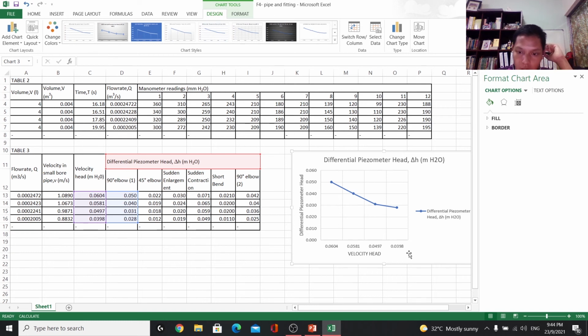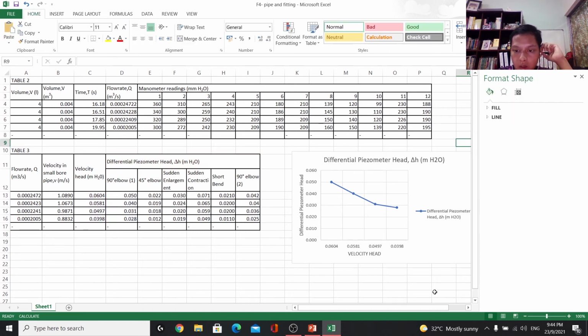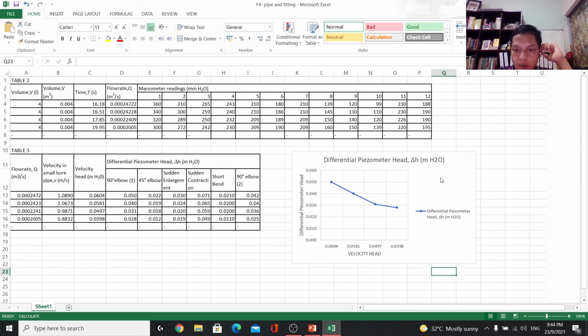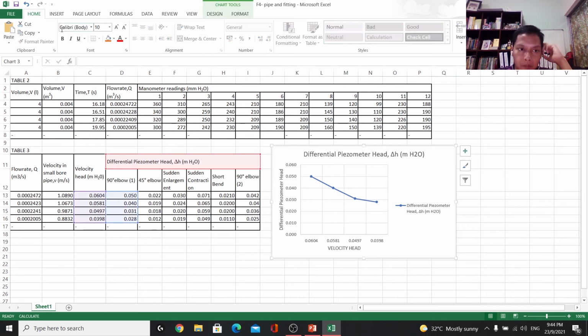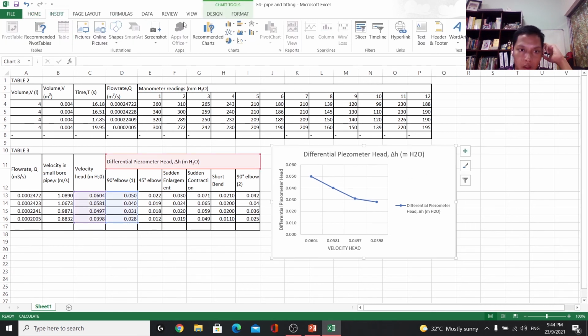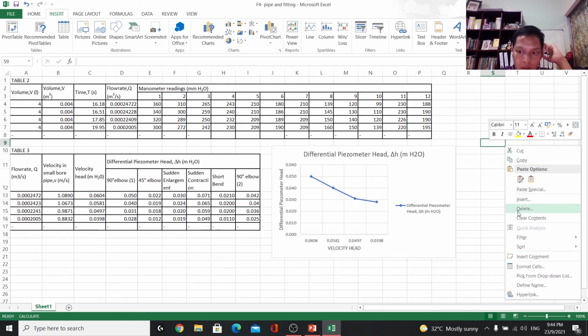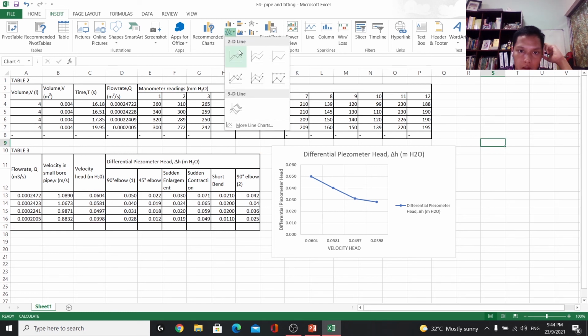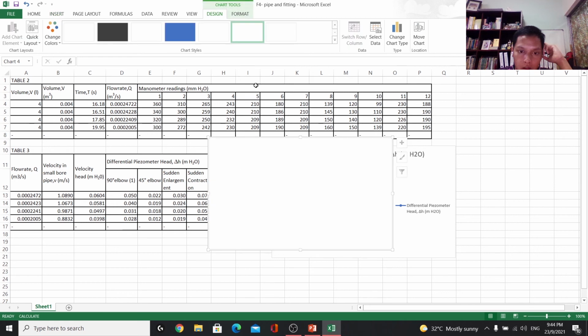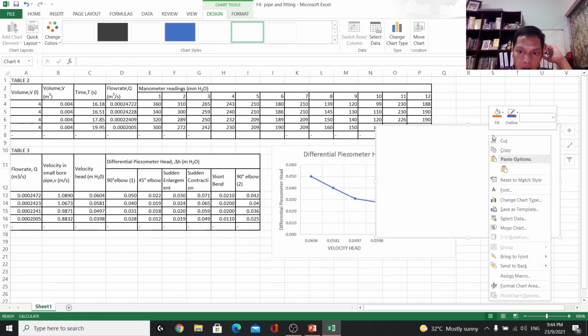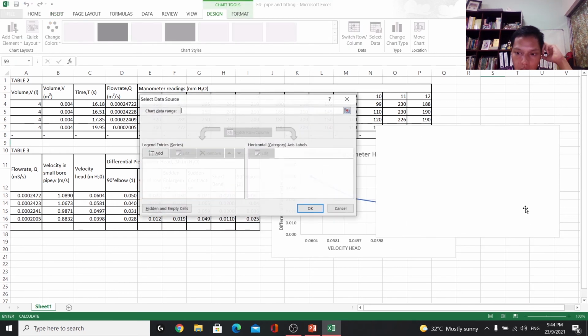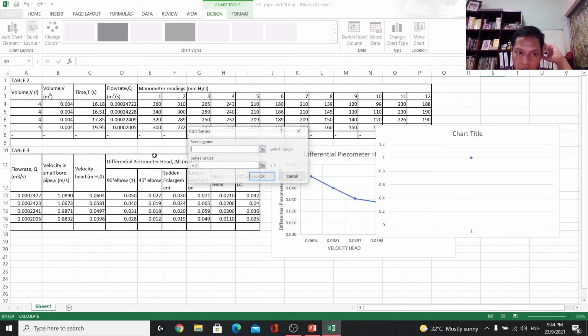So I think this is for the first graph, and then we create another one. So we put insert, so we choose line. Actually we want to create one, so we just set line here. So we select data, so we add.